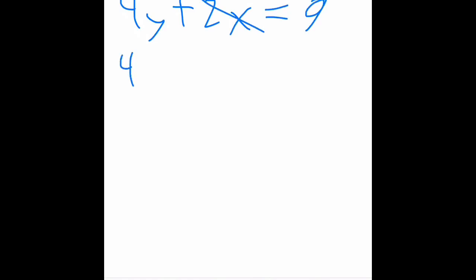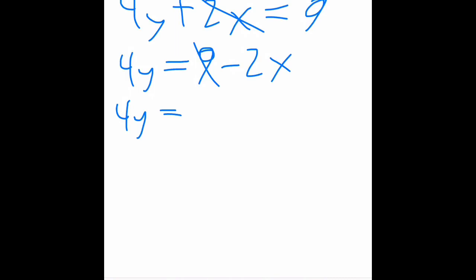Converting linear equations in standard form to slope-intercept form. So, for example, let's say we have 4y plus 2x equals 9. So just going to subtract 2x to get 4y equals 9 minus 2x. 4y equals negative 2x plus 9.